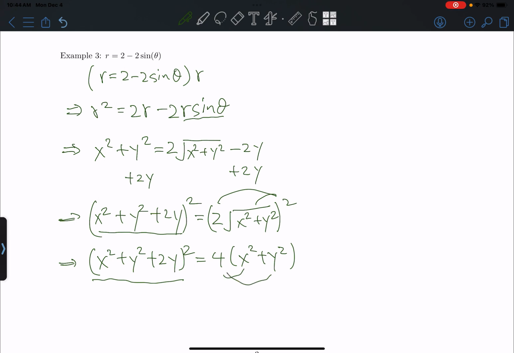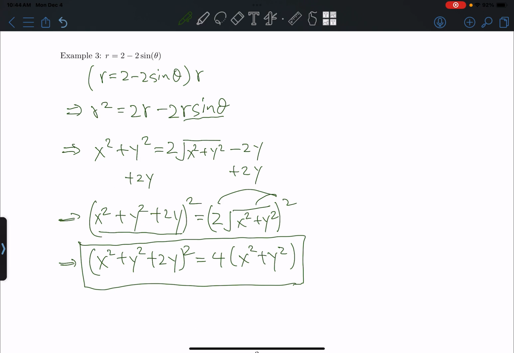But ultimately, you will not be able to solve for either variable. So this right here is typically good enough to keep as an answer.